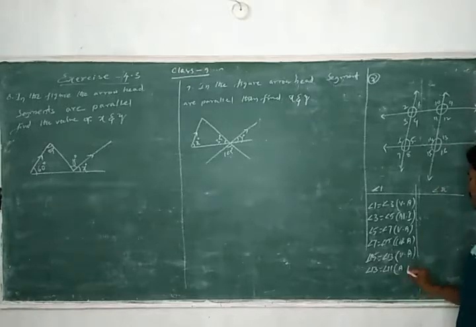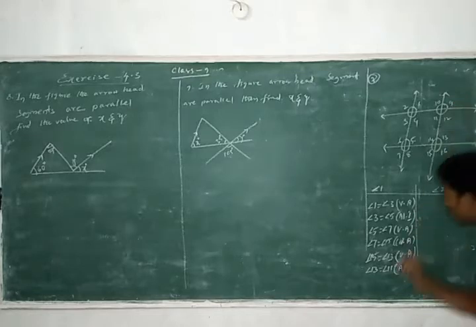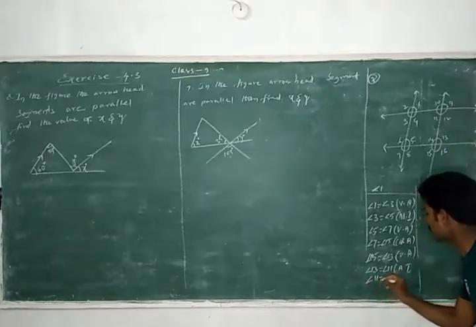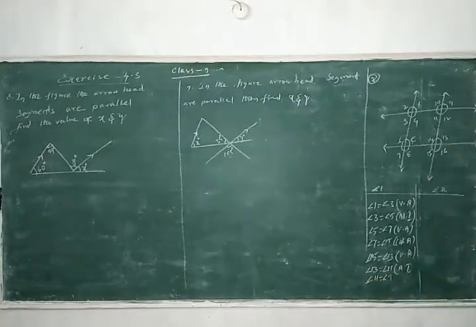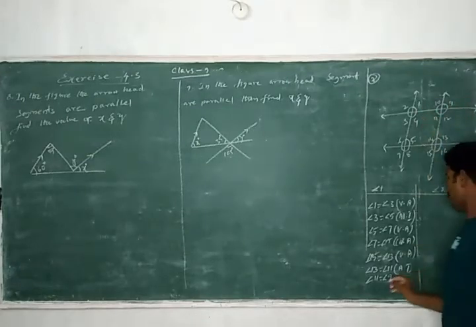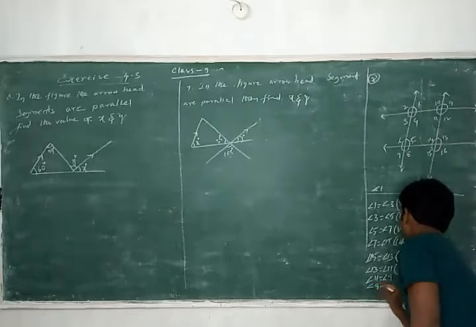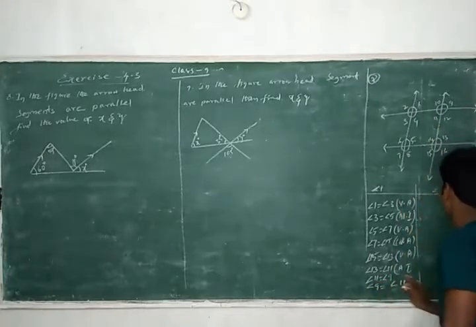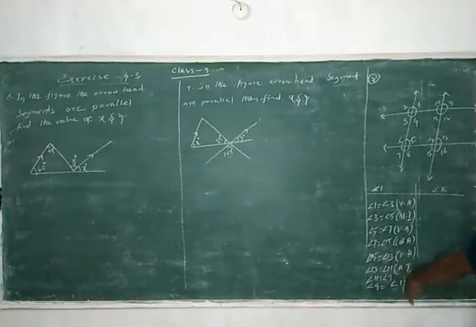Next, angle 11 is equal to angle 9, so these are vertically opposite angles. Next, angle 9 is equal to angle 1. So these are congruent to angle 1.